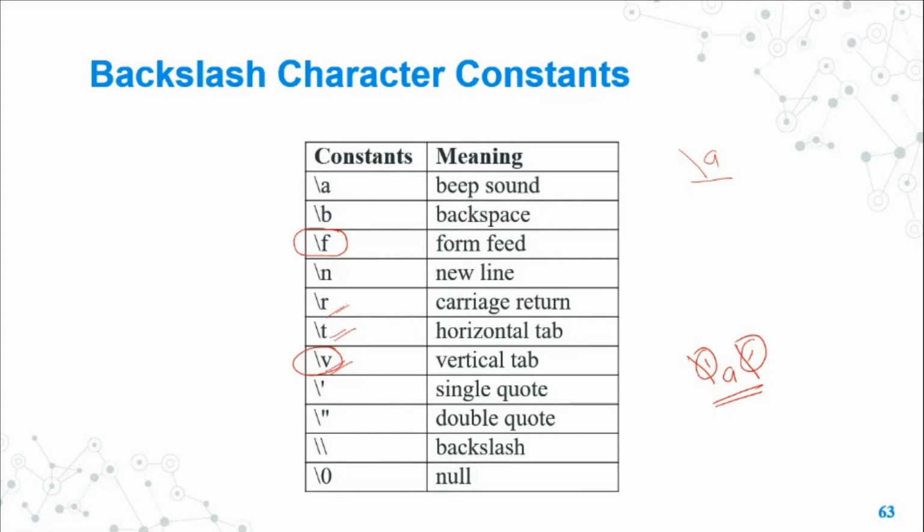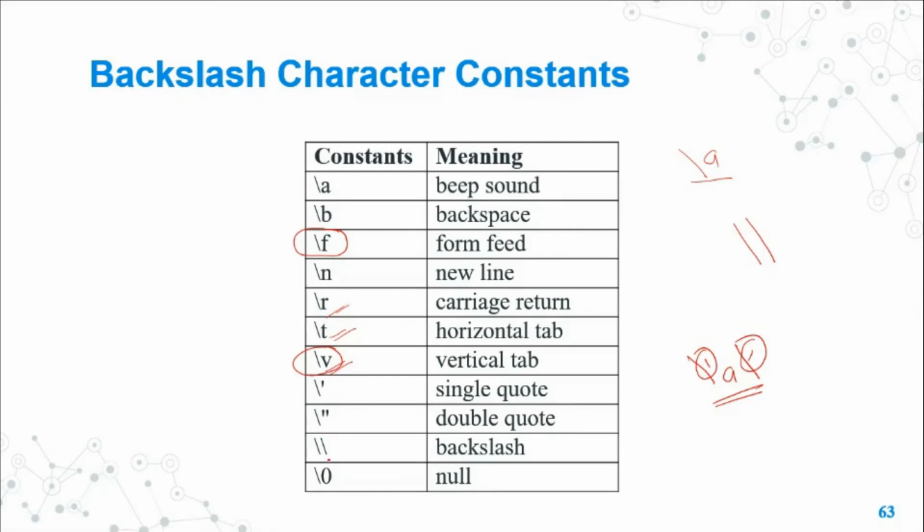This is the same with double quotes also. For printing the double quotes, you have to put a slash in front of it. And if you want to display the backslash on the screen, there also you have to put a backslash. So if you put two backslashes, it will print one backslash.